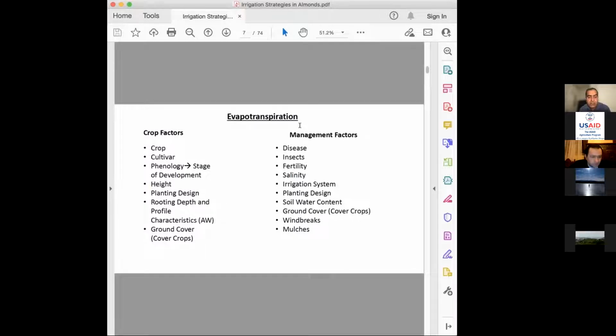We have some control over these that we can actually change through our management practices. Once we plant the crop and select the cultivar, we cannot change them. The soil profile characteristics, we probably cannot change either.